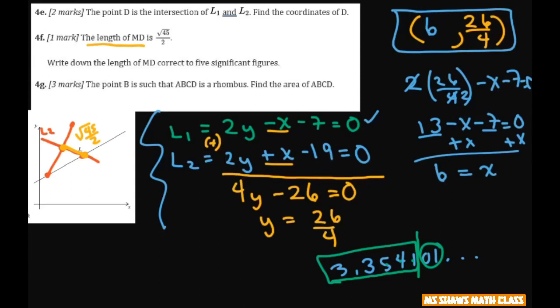All right. Now the last one is for G. I'm going to draw this again. The point B is such that A, B, C, D is a rhombus. So we already have our A here. Our D, our B, let's put B here.